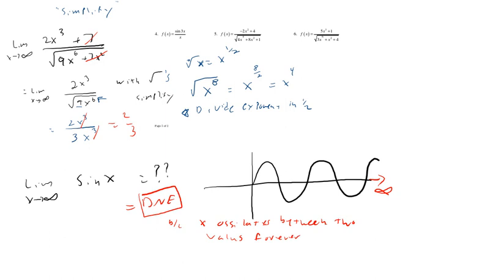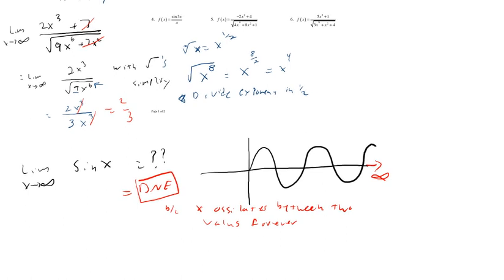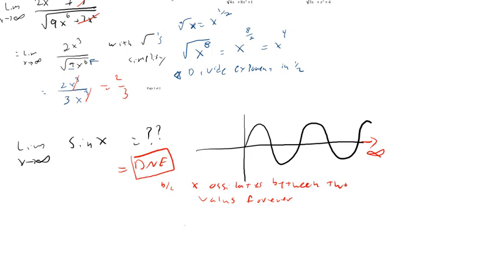It oscillates between two values forever. It never focuses in, never focuses to one spot, right? Never focuses to one spot. This is really bad.